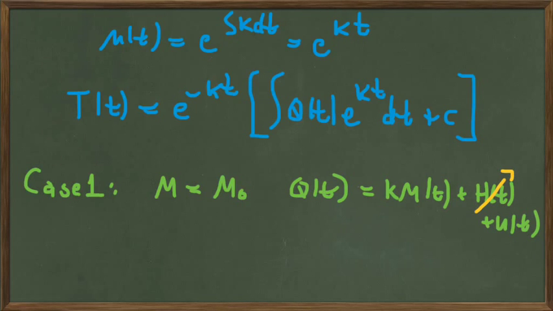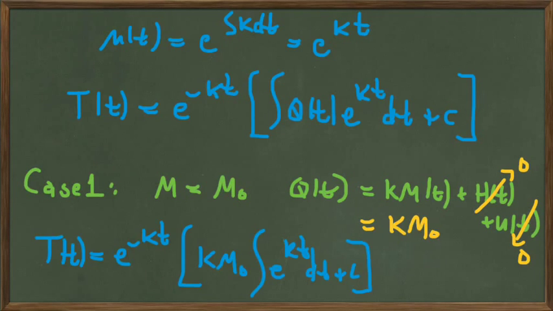We're saying that the heating is 0 or cooling is 0 to make our model easier, and that M is M0, so Q of t is k M0, and so if we set up this integral above, here's what we get. And so this is easy to integrate.